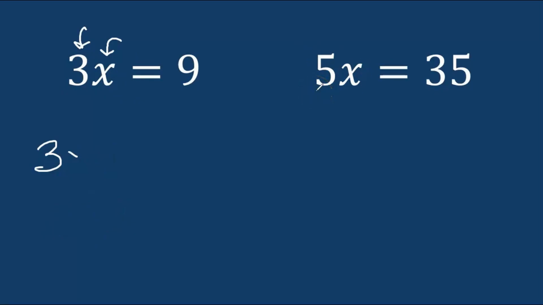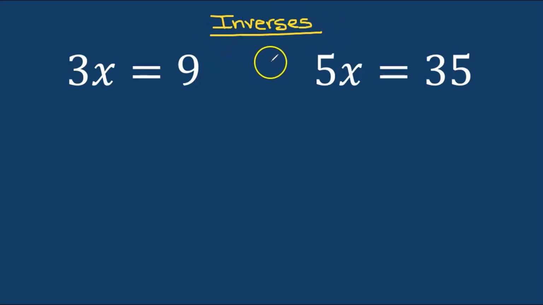So with the idea of inverses, remember that inverses undo. Inverses are the undo button. Remember that adding and subtracting undo each other, multiplying and dividing are what undo each other. And that's what we're going to work with in this video.